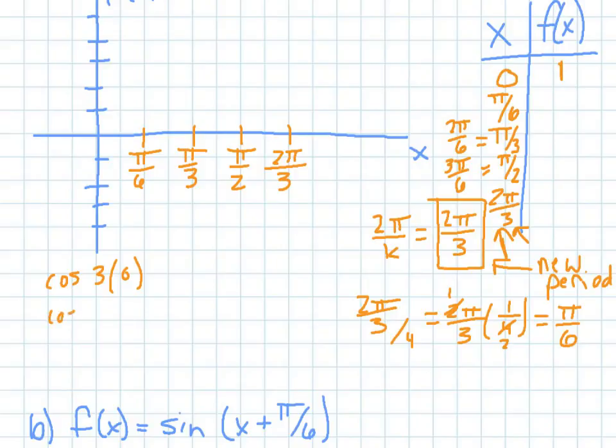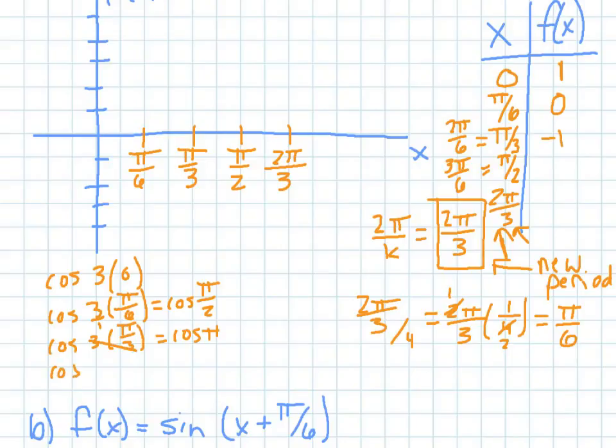If I do cosine of 3 times pi over 6, remember, multiply across, that gives you cosine of pi over 2. Notice that that was the ratio that we would have had before if we didn't do any period change. So cosine of pi over 2 is 0. Then if I do cosine of 3 times pi over 3, notice how the 3's cancel out. You get cosine of pi, which is -1.